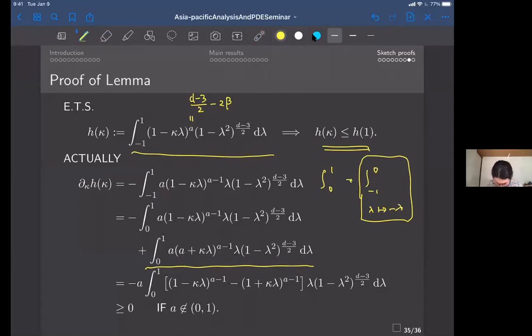By the Jacobian, it becomes plus. No, sorry, the Jacobian doesn't matter, but this lambda makes the sign plus, and this squared is nothing.